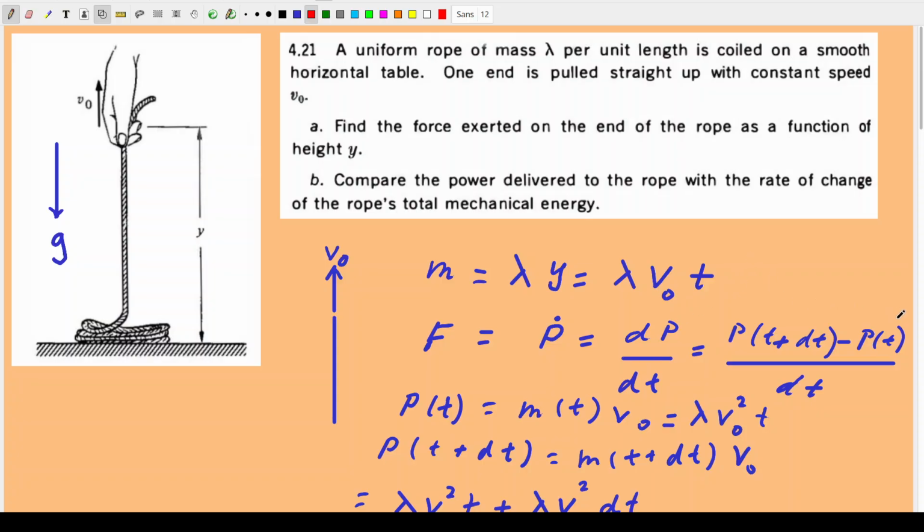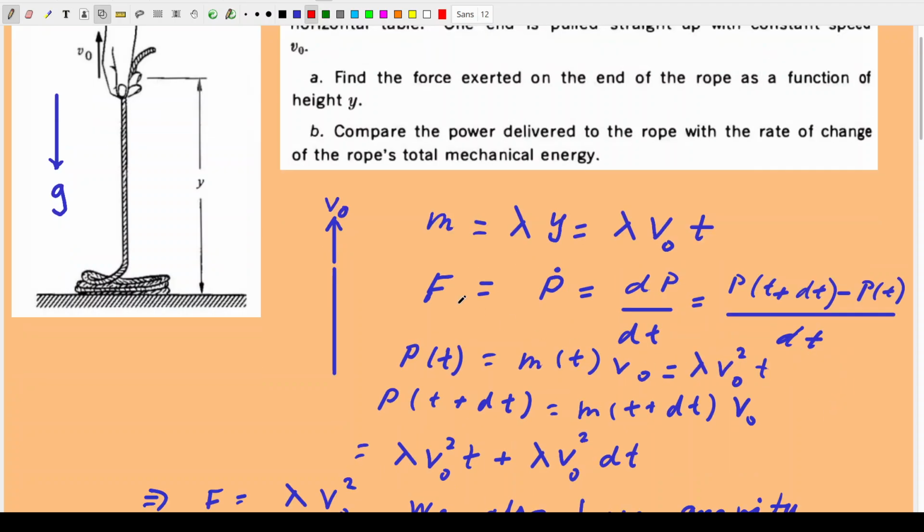So we are going to look at it like this: the derivative is p at time t plus dt minus the momentum at time t, divided by a small infinitesimal time dt. So what is p as a function of t?